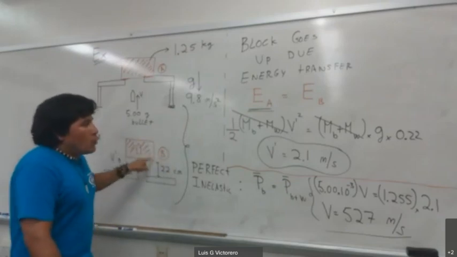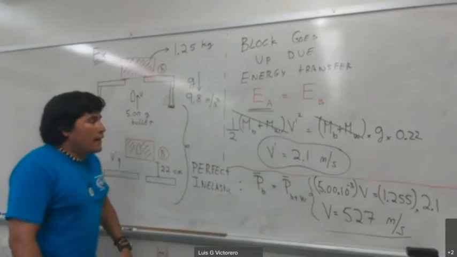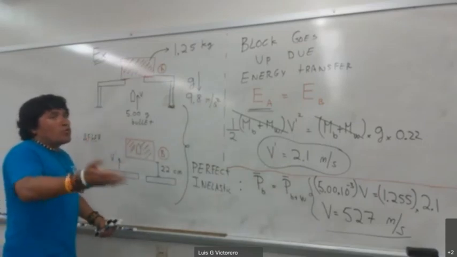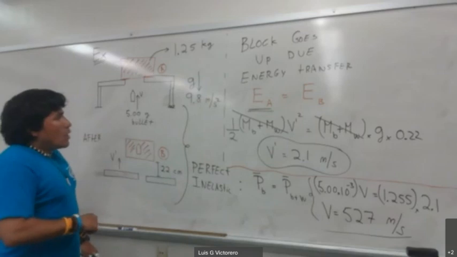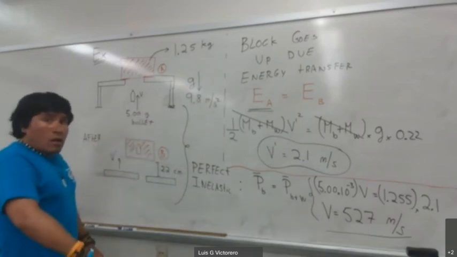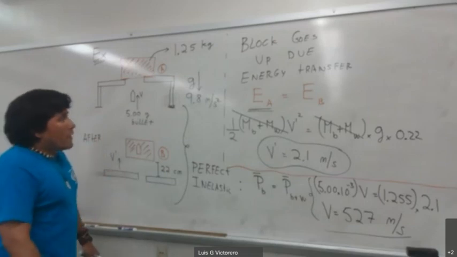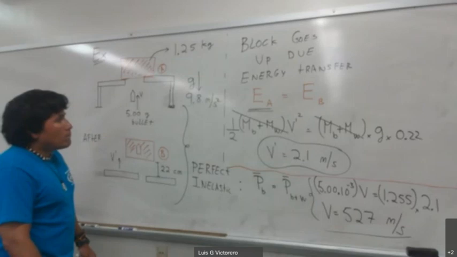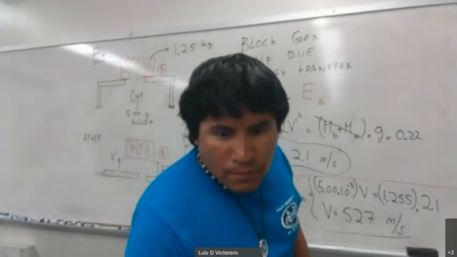If you are dealing with a circle, you have to think in terms of centripetal force, etc. But in this one, it's the same. We're going to be combining momentum with conservation of energy. So that was one example there.